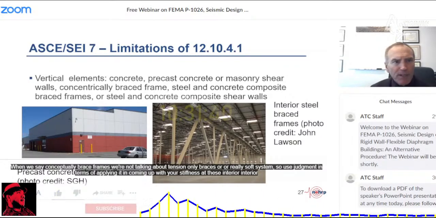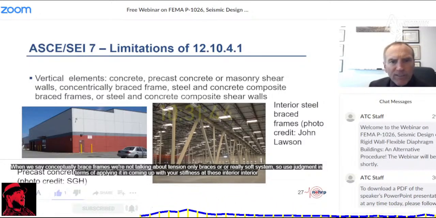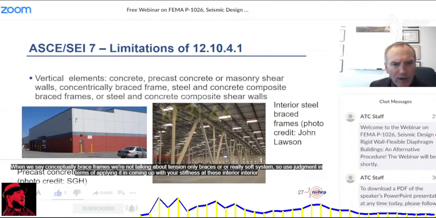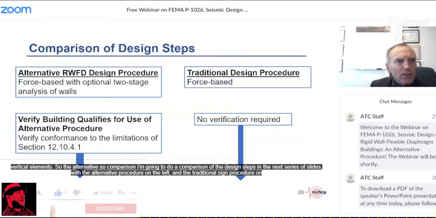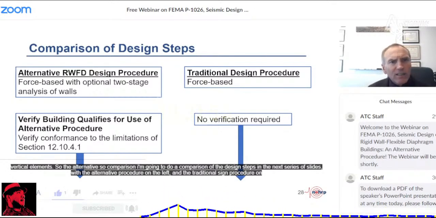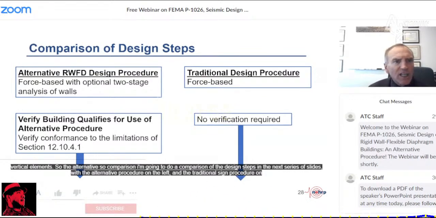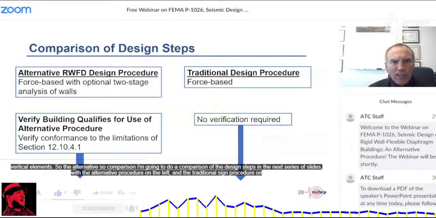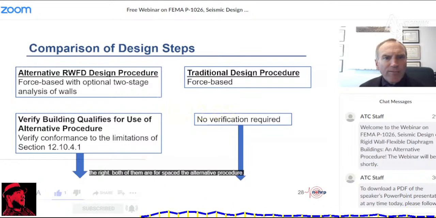So use judgment in terms of applying it and coming up with your stiffness at these interior vertical elements. So now I'm going to do a comparison of the design steps in the next series of slides, with the alternative procedure on the left and the traditional design procedure on the right. Both of them are force-based.